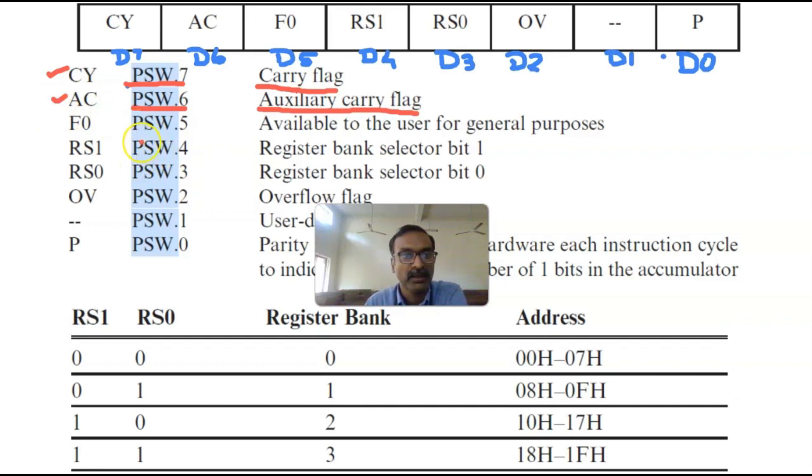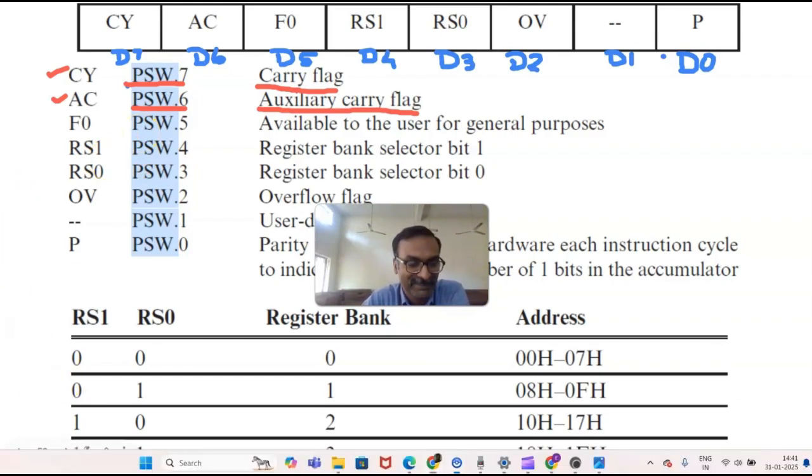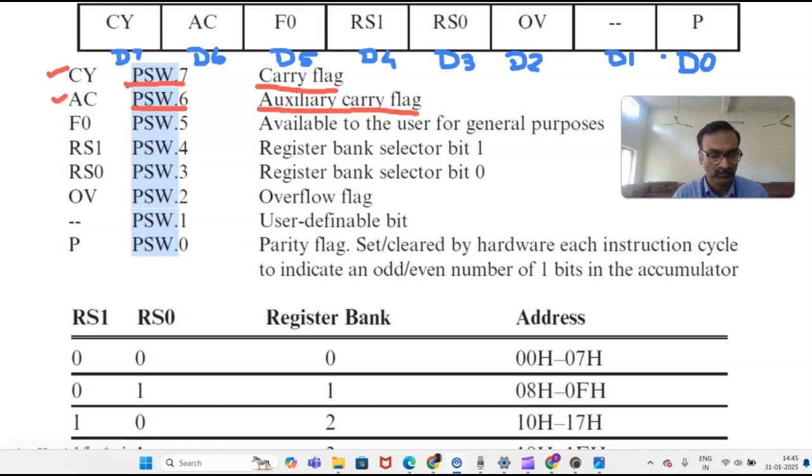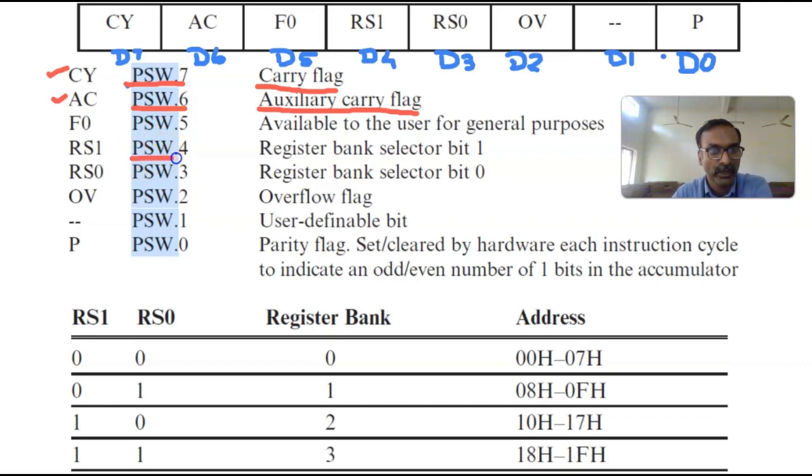Then PSW.5, now you can see PSW.4 and PSW.3. They are together known as RS1 and RS0. It is used for selecting the register bank.